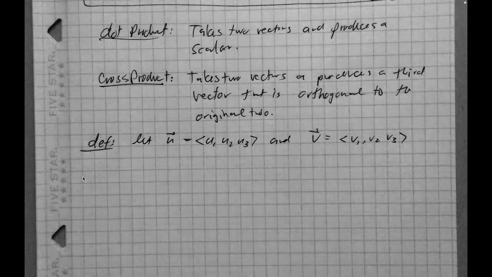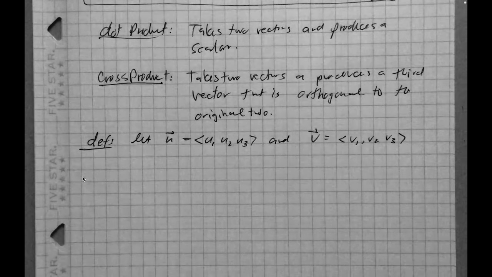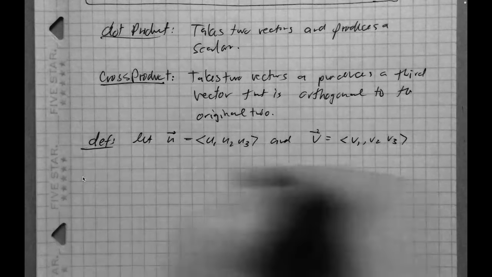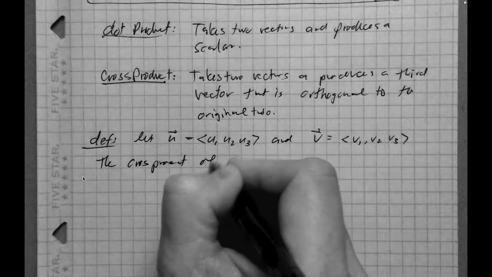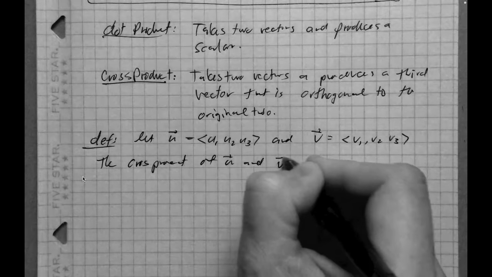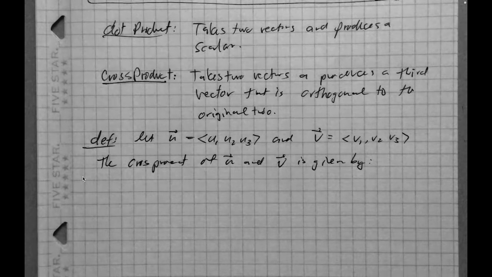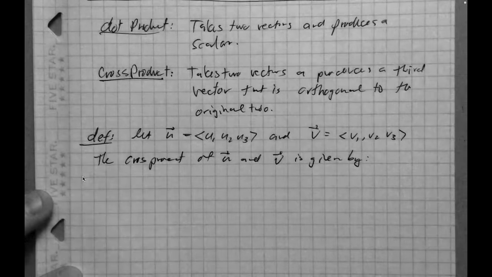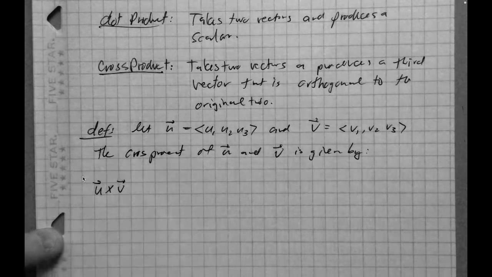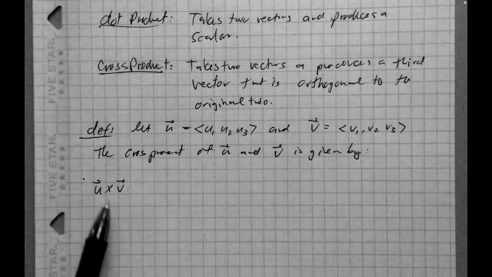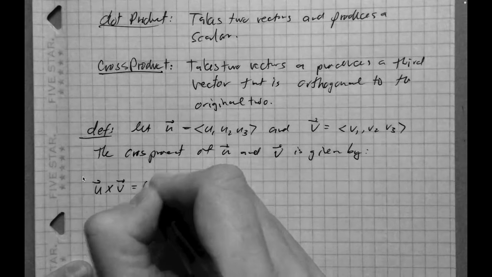Then the cross product of u and v, so this is the vector written out in component form, is given by, and we'll discuss how to keep track of this and where this comes from in a moment, but let's just write it out first. So you've got u cross v, that's the notation, like the traditional multiplication, and the product looks like this.